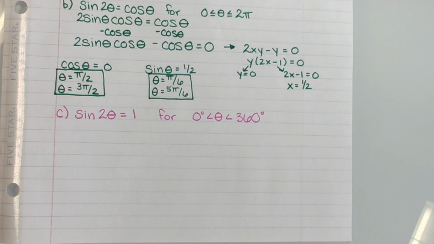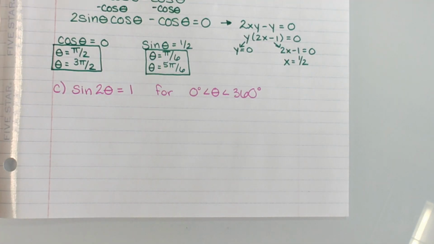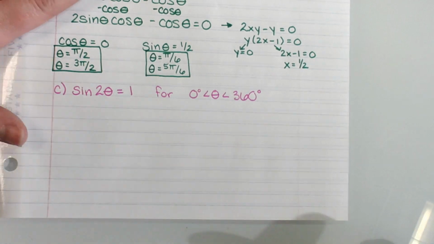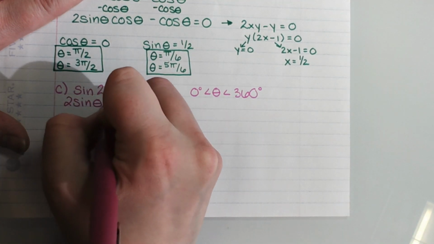Sine of 2 theta equal to 1, for theta between 0 and 360, not including either of them. First thoughts. Sine 2 theta can become 2 sine theta cosine theta.